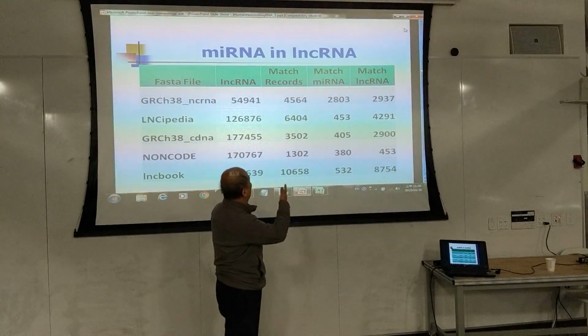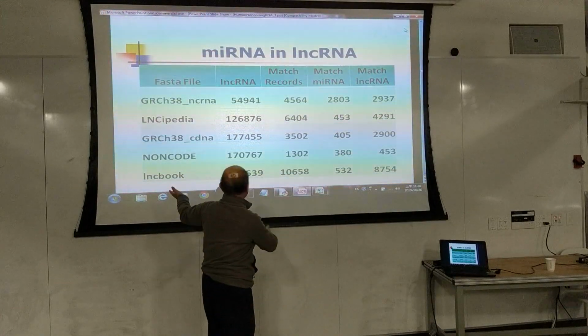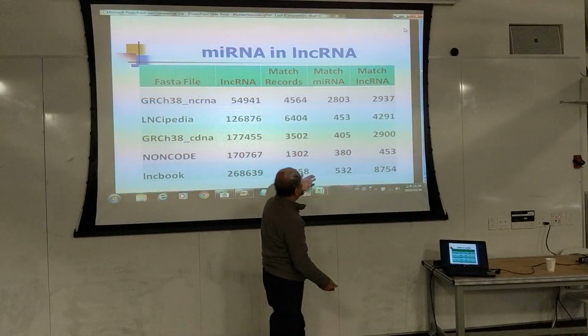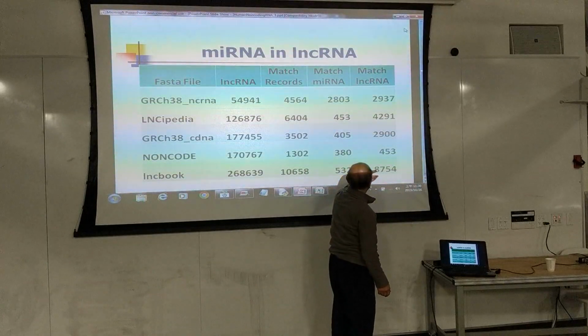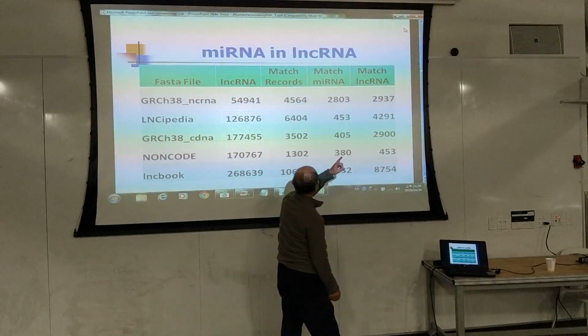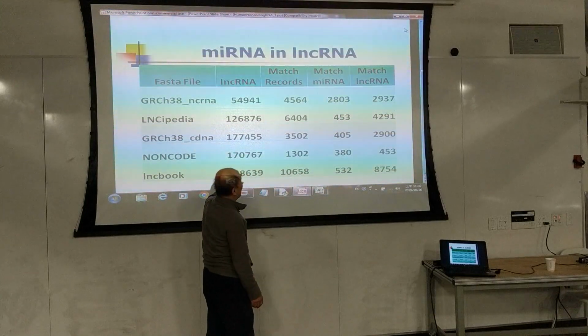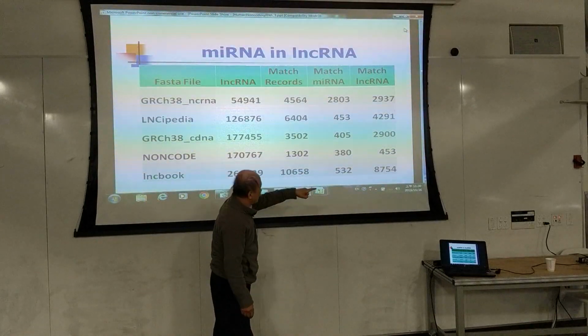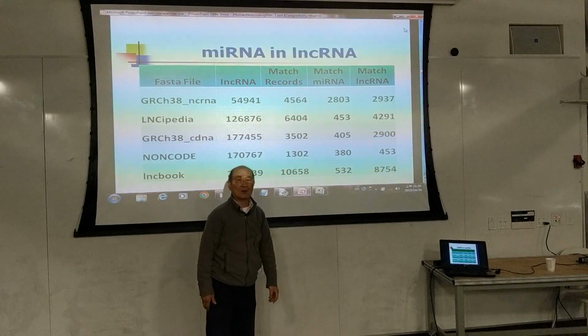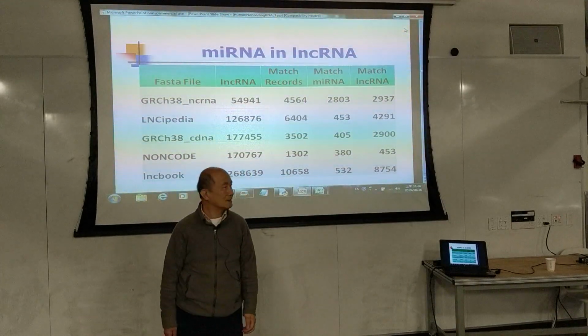And then there are 8,000 long non-coding RNAs which contain one of the microRNAs. So there are matches, but not enough.